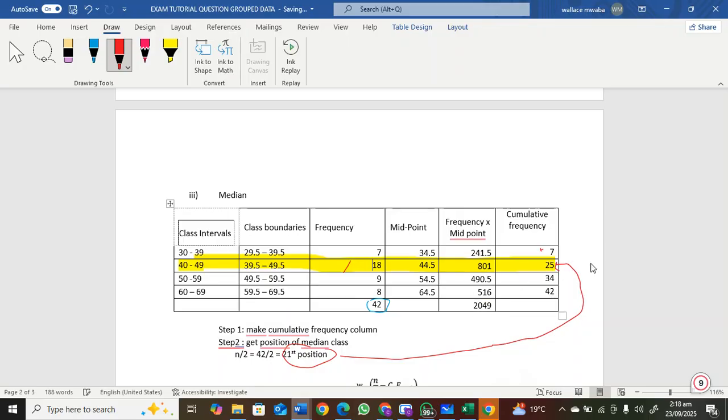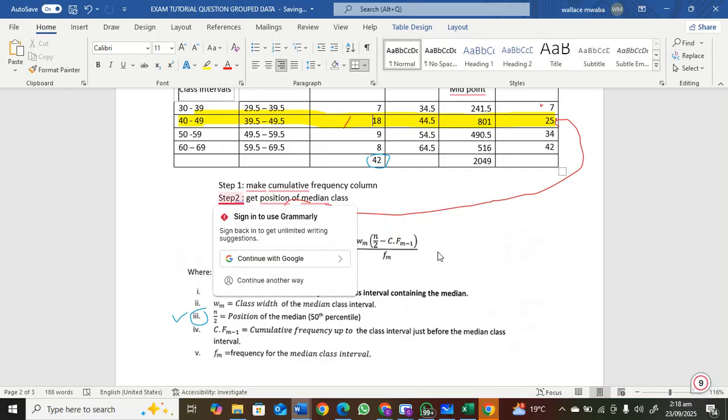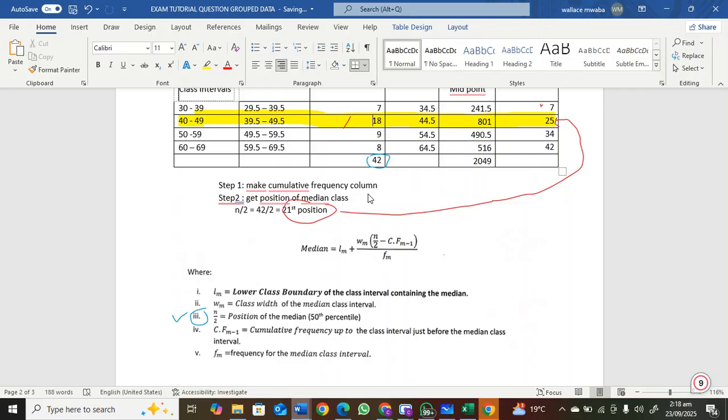Once we find that, we now need to get our lower limit, our lower class boundary, I mean, for our median class.